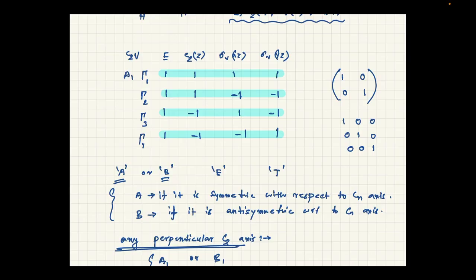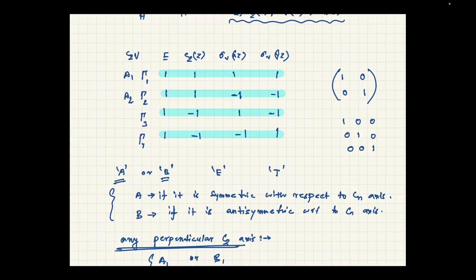Then next, identity element character 1, so it will start with either A or B. Then we look for the principal axis of rotation, character is 1, so it will start with A. Then we go for sigma V, the vertical plane of symmetry, the character is -1, that means 2, it will be A2.